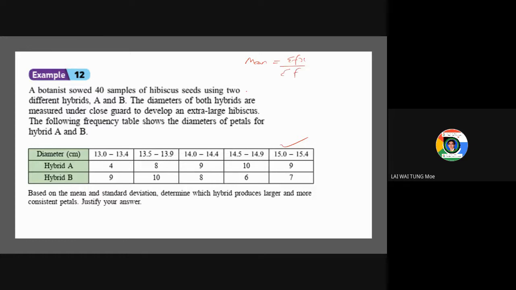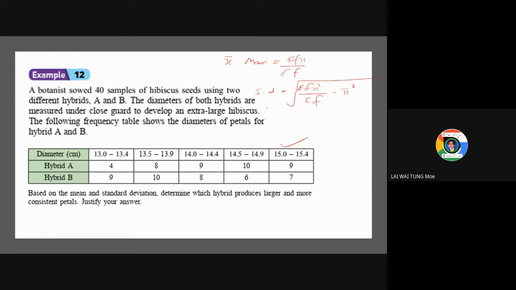And for the standard deviation, the formula is the square root of sigma fx squared over sigma f minus the mean squared, where the mean is x bar. Don't forget the square root. So this is the formula.